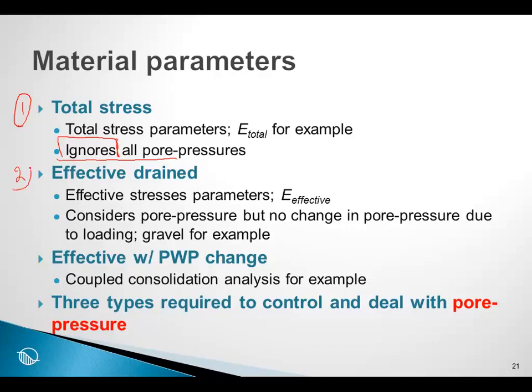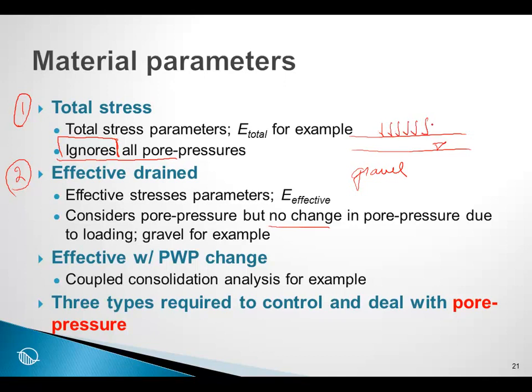The second category is what we call effective drained parameters. The material parameters are effective parameters, for example, E effective. In this category, SIGMA/W considers pore pressure, but there is no change in pore pressure due to loading. This could be the case, for example, in a situation where we have sand or gravel, and there is some water at depth, and we come along and place some load on the surface.